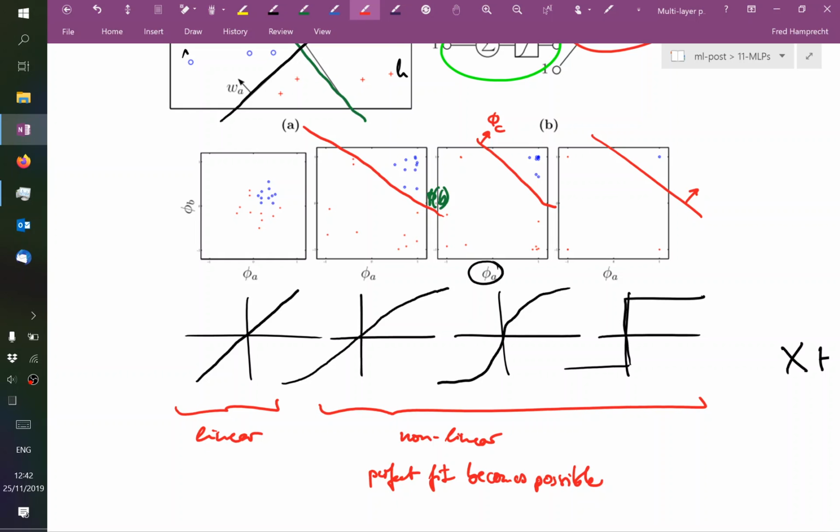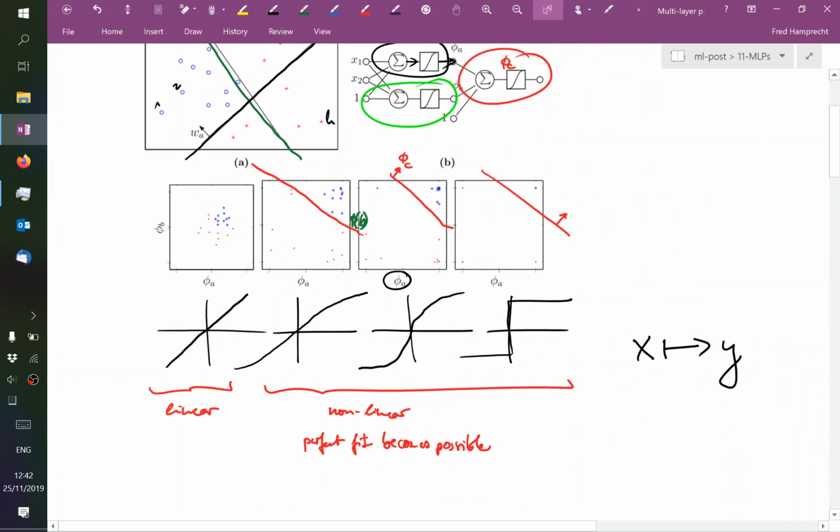Okay, and there is a deep reason for this. This is something which is called the projection trick, namely that nonlinear mapping to a space, preferably to a higher dimensional space, makes linear separation possible.